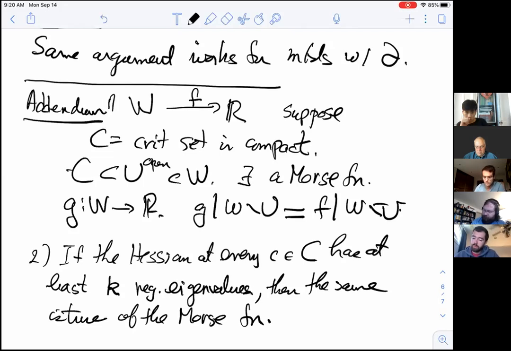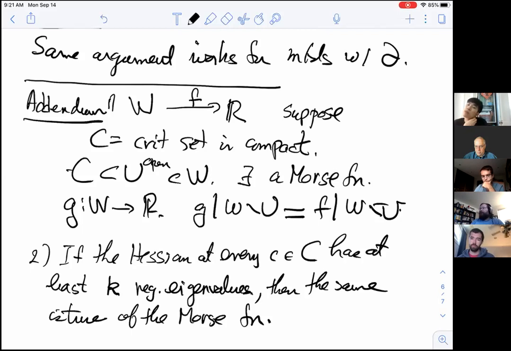And the point there is that inside quadratic forms, to have at least K negative eigenvalues is an open condition. If you have some zero eigenvalues and you deform the quadratic form slightly, the ones that were negative will stay negative, the ones that were positive will stay positive, and the ones that were zero will get split somehow between positive and negative.